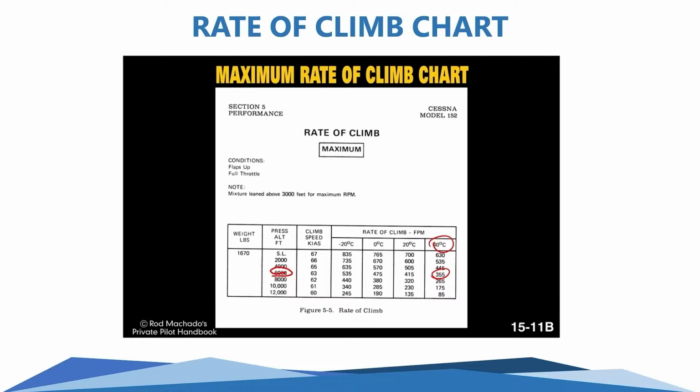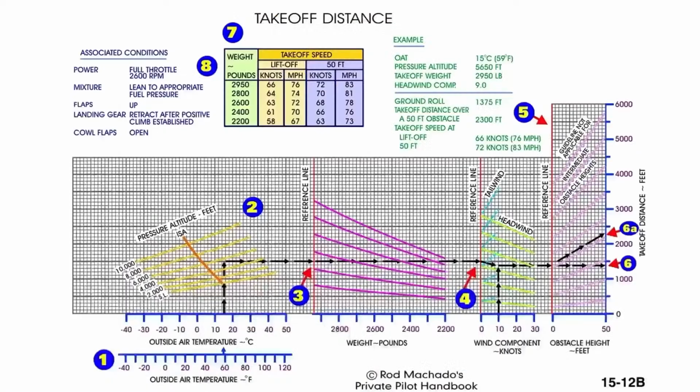Okay. The next thing we're going to look at is a takeoff distance chart. These are the ones that people don't like, with all these color combinations. The first thing I can show you is that these are broken into four different areas. The way we work these charts is we always start on the left-hand side and go all the way to the right-hand side.